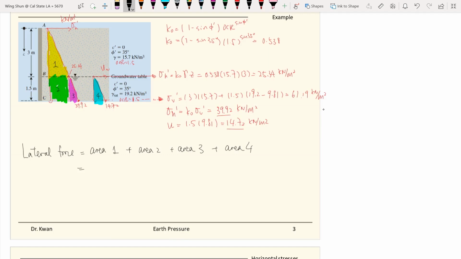The first one is a triangle, so 1/2 the base times the height.